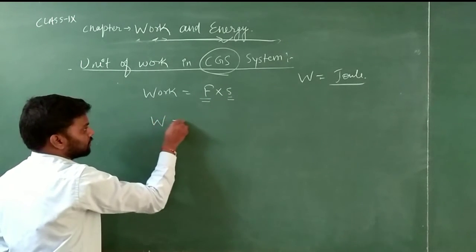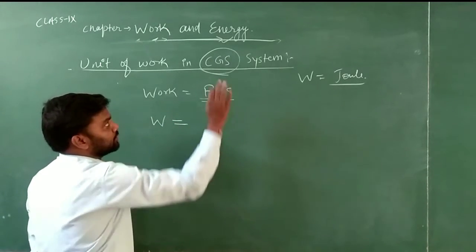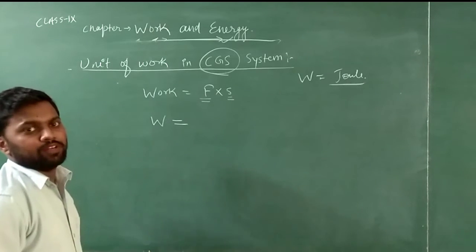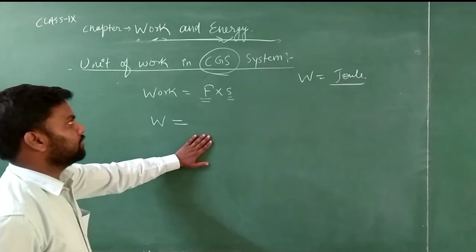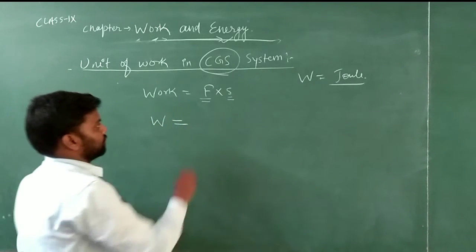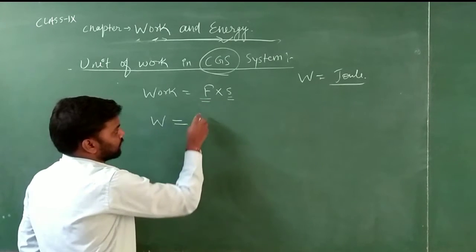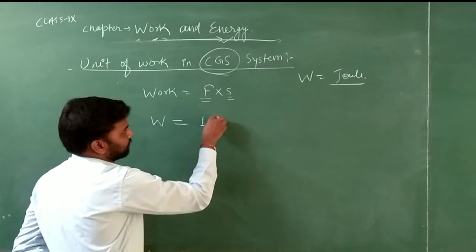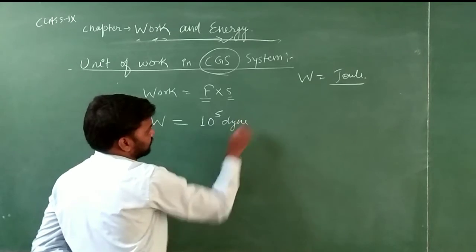We know that work will be equal to what will be the amount of force in the CGS system. We have already solved in the second chapter that force will be calculated in 10 to the power 5 dyne.